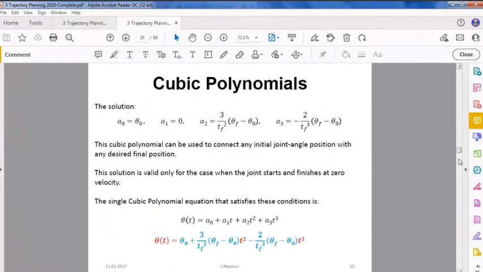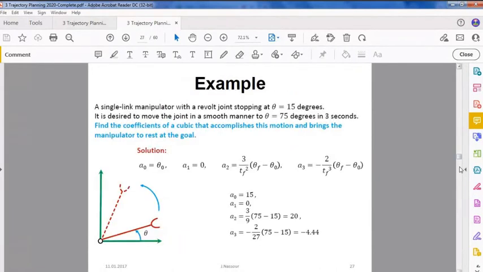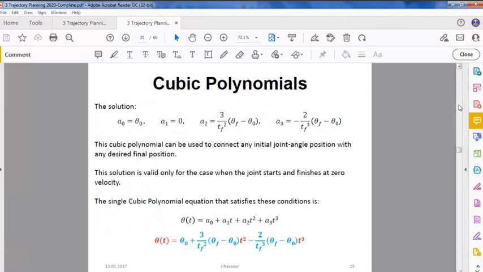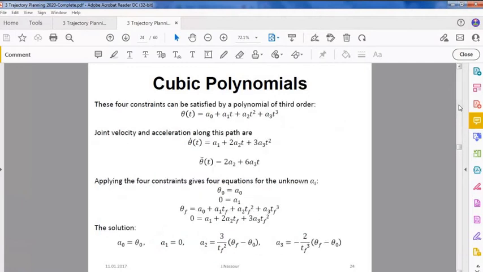Doctor, how is A1? A1. Okay, so we go back to the equation here. Okay, A1, because we get A0.